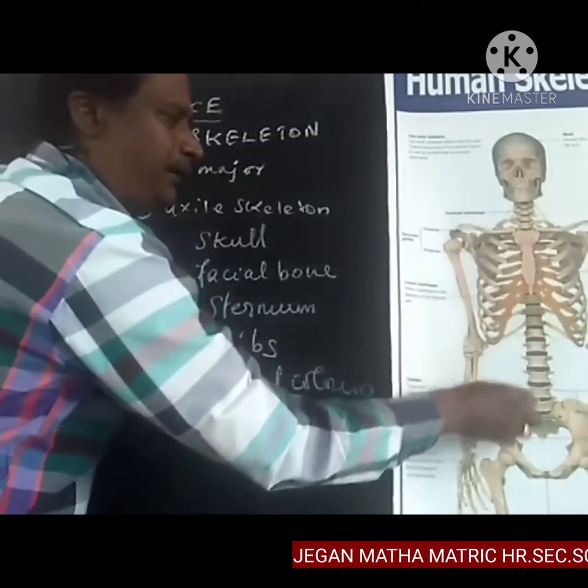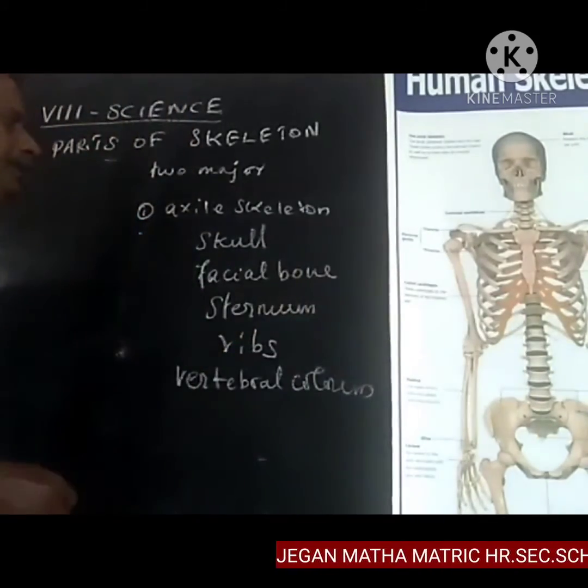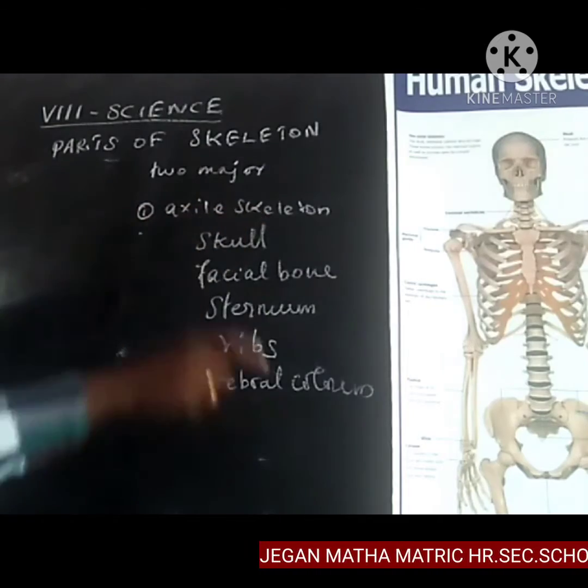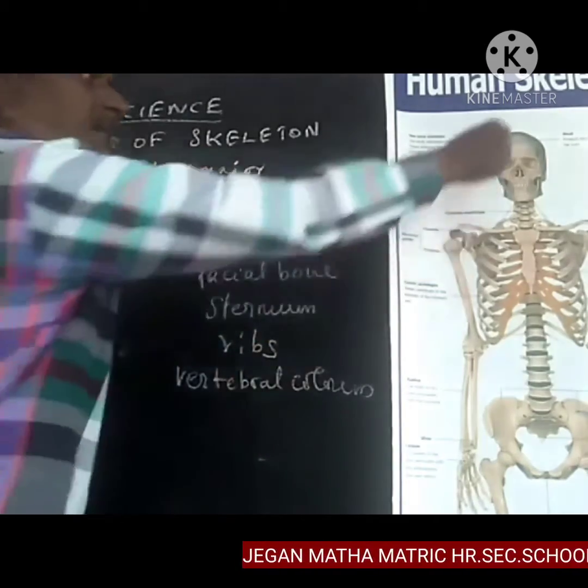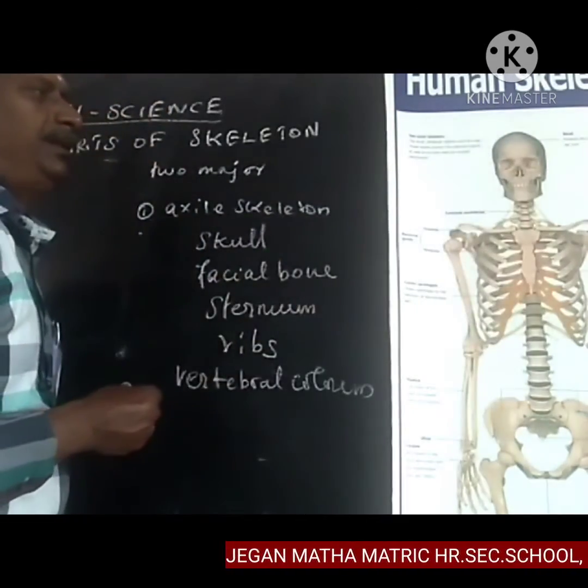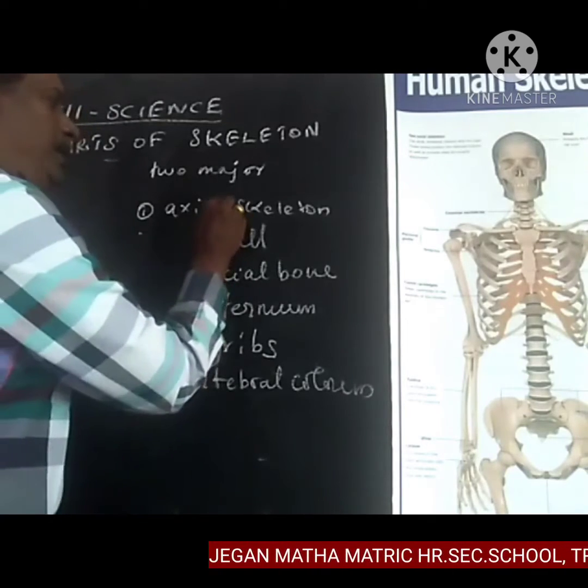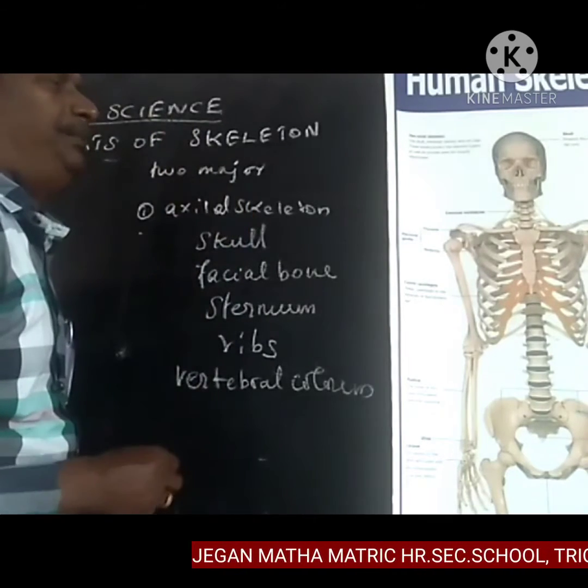The central part of the bone is called the vertebral column. So the axial skeletal system occurs along the axis of the body.